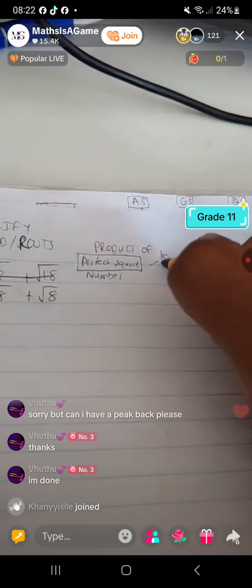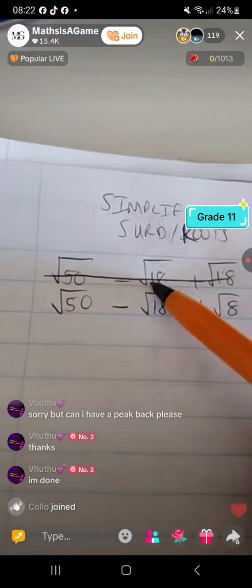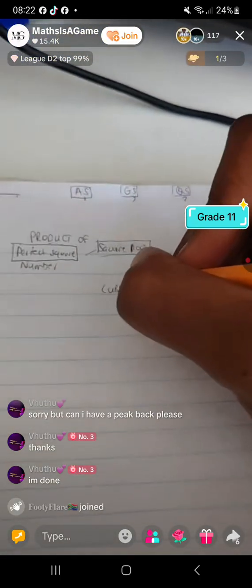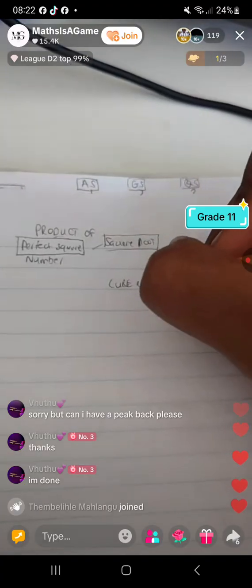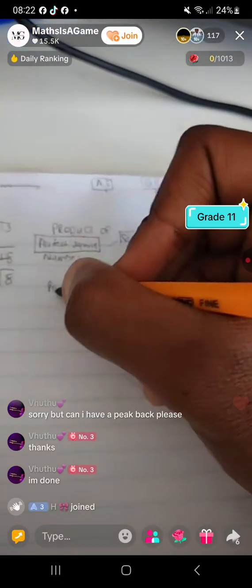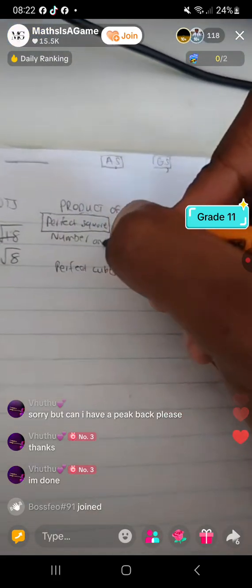Product means multiplication. This is borrowed from the idea that we are having square roots. Guys, if it was cube roots, then we would be interested in writing those numbers as a product of perfect cubes and another number.